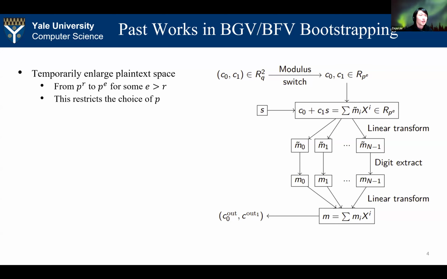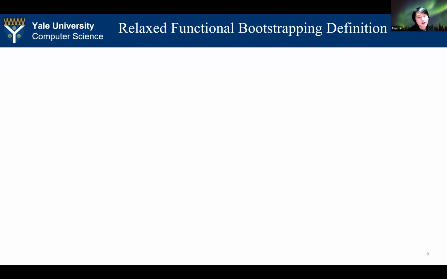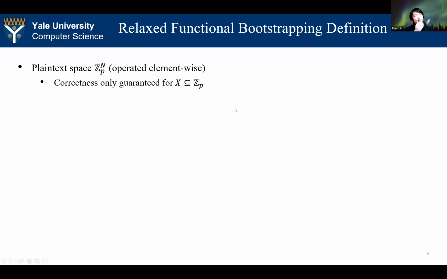Okay. With all this in mind, before we dive into the constructions, let's first take a look at the definition of our relaxed functional bootstrapping. So what do I really mean by relaxed functional bootstrapping? First, as mentioned, we work over the plaintext space Z_p^n, a vector of Z_p of length n, and everything is operated element-wise. Then we only require correctness to hold for some set X that's a subset of Z_p.